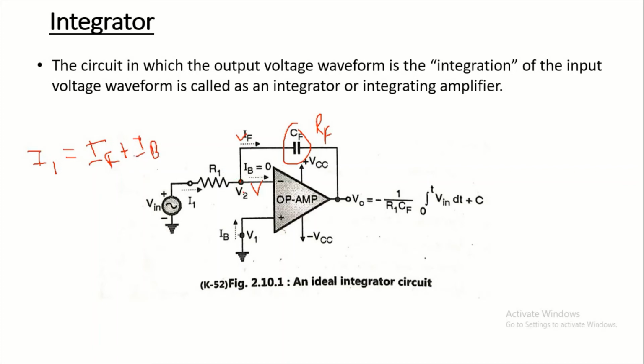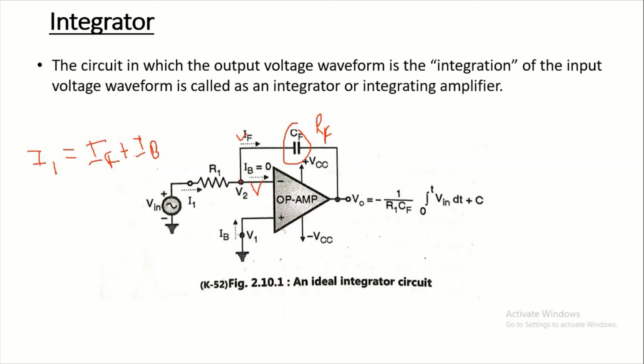So KCL at this node: the summation of current entering the node is equal to the current leaving the node. Only one current is entering this node, I1, and the currents leaving this node are two, IF plus IB. So I1 is equal to IF plus IB.